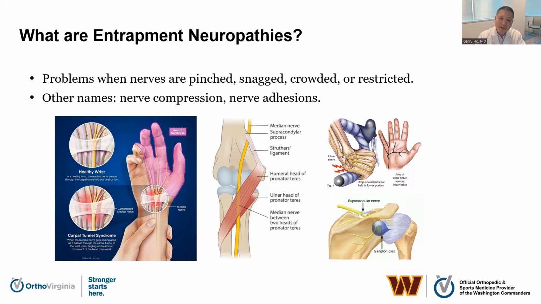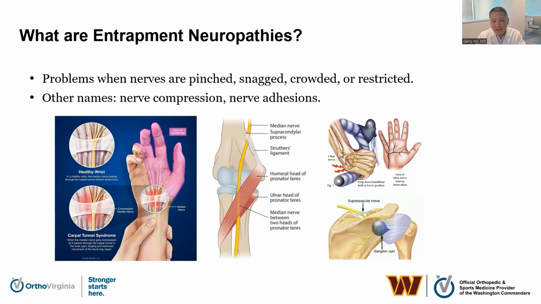And that nerve can get crowded because there's lots of things in that tunnel besides the median nerve. There's tendons and vessels and other things. As you can imagine, if that space gets a little crowded, the nerve can get irritated. And that can cause a whole host of different chemical changes that make the nerve hurt or feel tingling and not feel good.